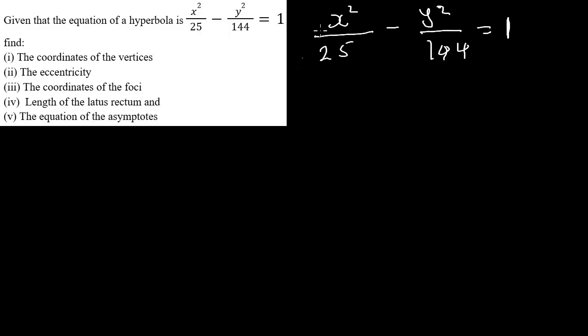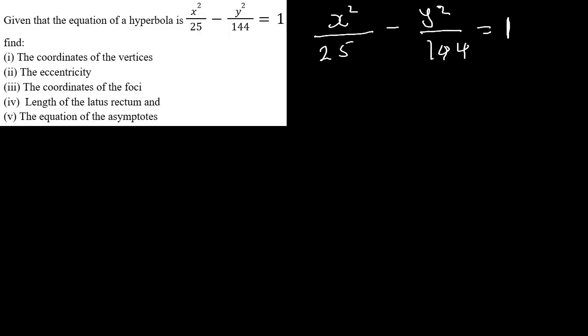Now you can see that x squared is the one that has positive, y squared has negative, because the negative sign is like the coefficient of this term. This tells you that it's a hyperbola with a horizontal orientation. If it is y squared that has the positive sign, it's a hyperbola with a vertical orientation.